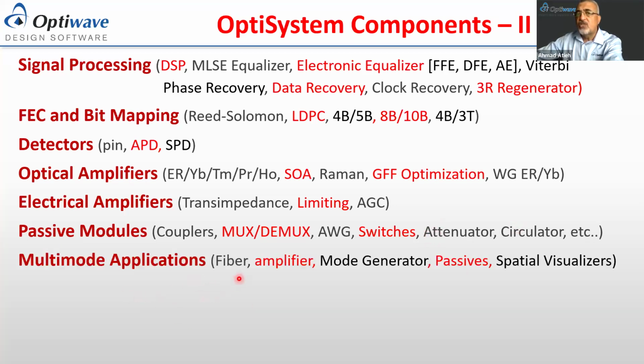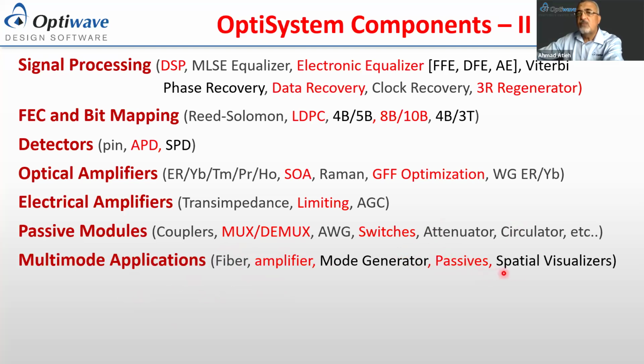In multi-mode applications, as I mentioned, we offer multi-mode fiber as well as multi-mode amplifiers. So you can do erbium doped multi-mode amplifiers as well as terbium doped multi-mode amplifiers. We have devices which you can add to convert the single mode into multi-mode with different types of mode structures.